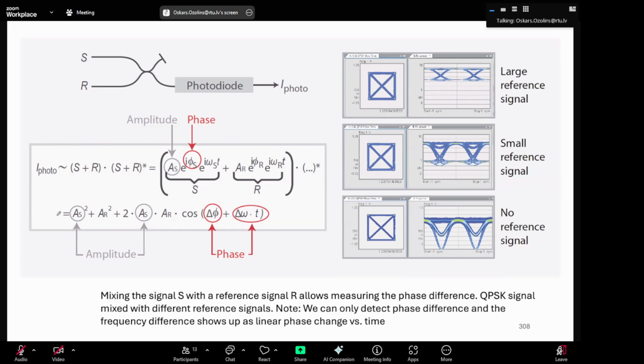So eventually, if you do the equation, you get both amplitude parts, and also you get a phase part here. And it depends in this configuration on how high your reference signal is. So if you have a large reference signal, then you can recover an eye diagram. With a small reference signal, you don't get the full one, and if you have no reference signal, then you cannot recover the bits here, right?